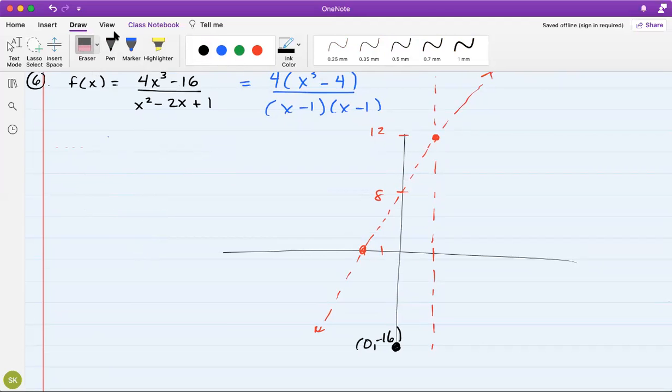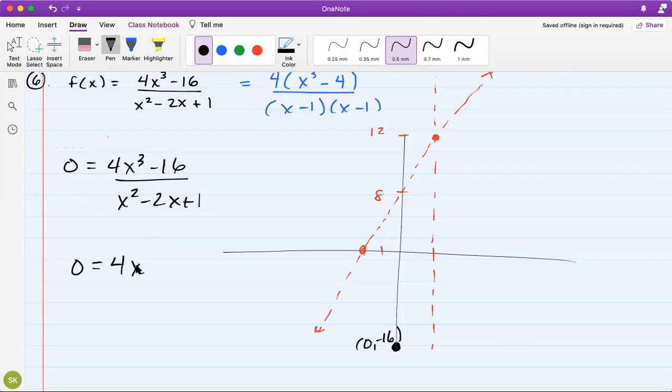And then let's find the x-intercepts. The x-intercepts are where we set this function equal to 0. Multiply by the denominator, and you just get 4x cubed minus 16. Factor out that 4, so we get x cubed minus 4.